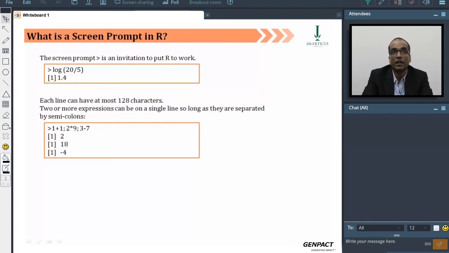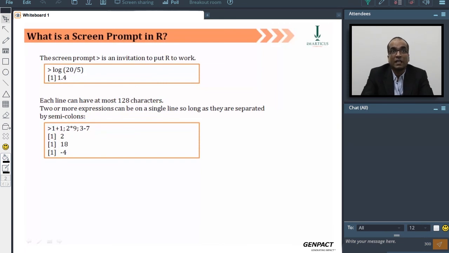Each line of R code can have a max of 128 characters. That doesn't mean that you cannot write code longer than 128 characters. It only means that on a single line you can have 128 characters. If you have to put that on the next line, you have to use a plus sign as a separator that tells R that the remainder of the code is on the next line.